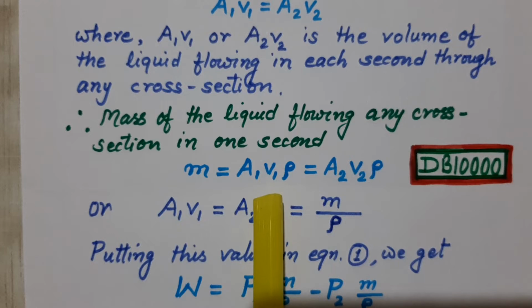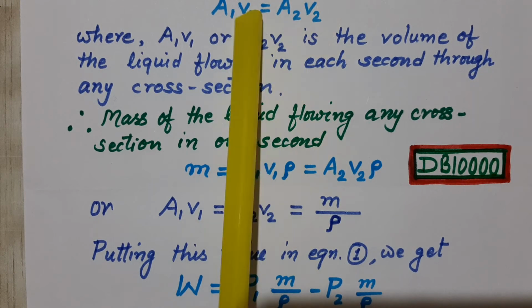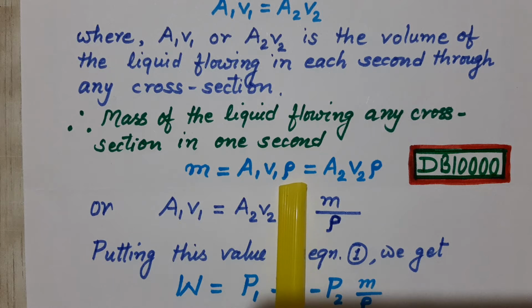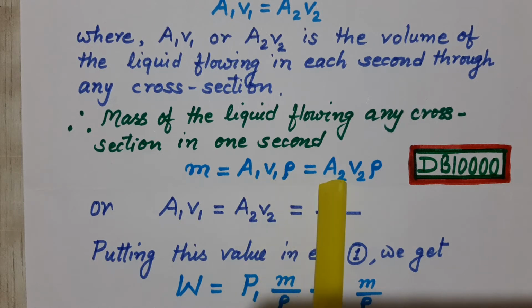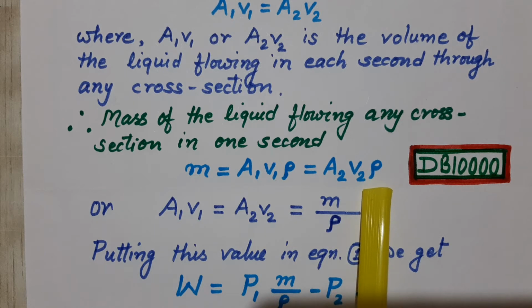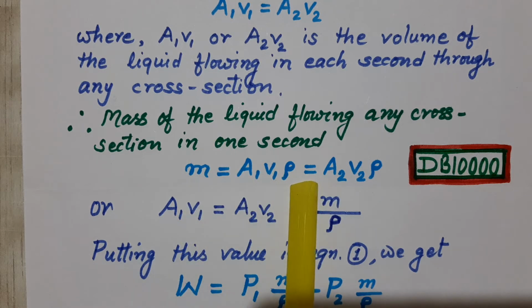Now here the volume into density. If these two are equal, then multiplied by rho, rho is the density, then A1 into V1 into rho equal to A2 into V2 into rho, same density of the liquid, then that will equal to mass. Mass equal to volume into density.